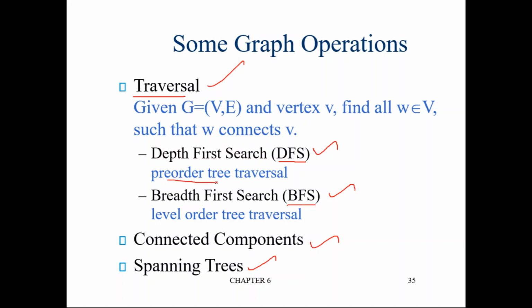We discussed pre-order traversal for a binary tree, but in a graph each node can have any number of children. Still, its way of working is similar to pre-order traversal. And breadth first search works similarly to level order traversal.